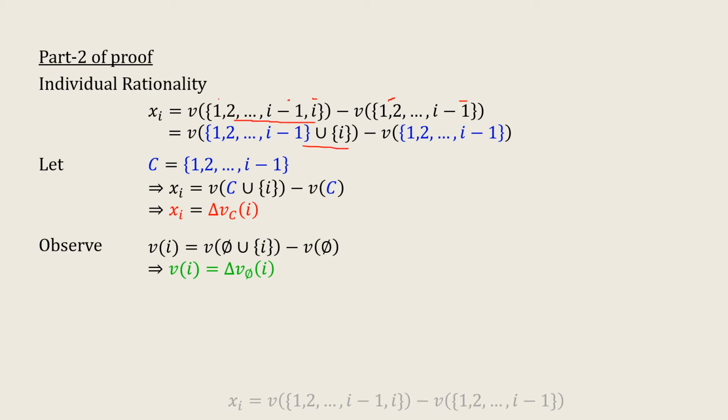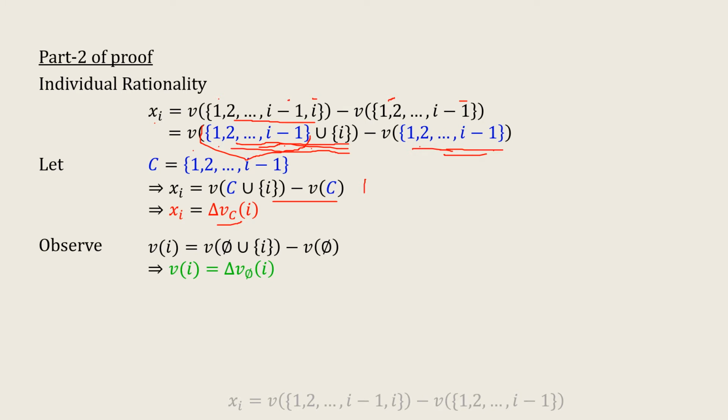I rewrite this as v(1 to i-1 union i) minus v(1 through i-1), and I let what's colored in blue here be the coalition C, where C is 1 through i-1. Whence xi equals v(C union i) minus v(C), which by definition is the marginal contribution of agent i to C, delta v(C,i).